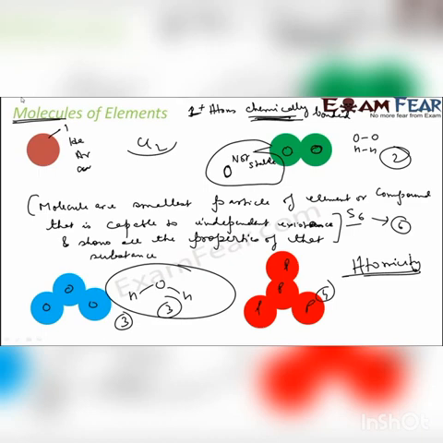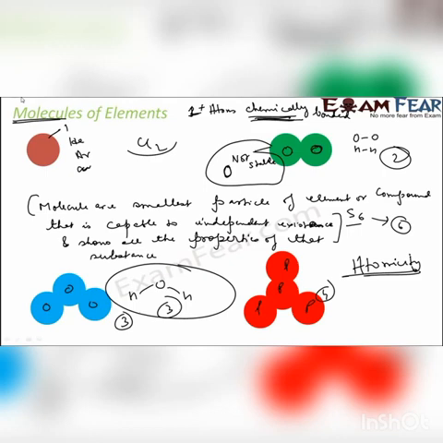It can be diatomic, triatomic, tetraatomic, hexaatomic. Atomicity is the number of atoms constituting a molecule. If one molecule is composed of n atoms, then n is the atomicity of that molecule.